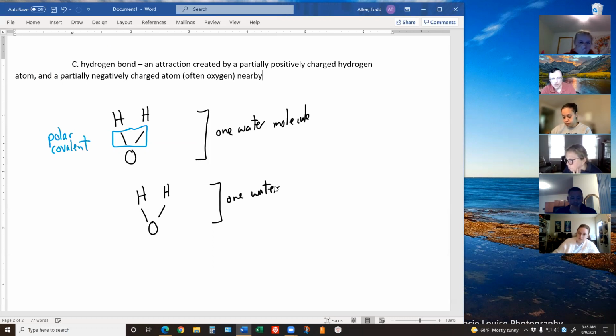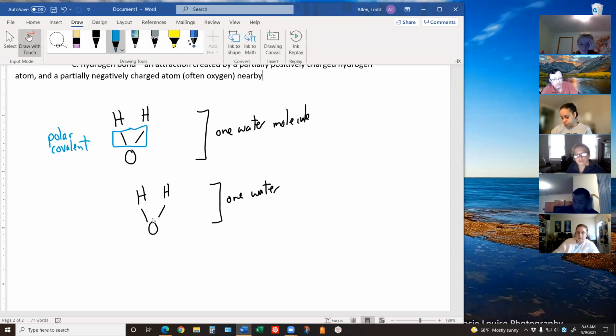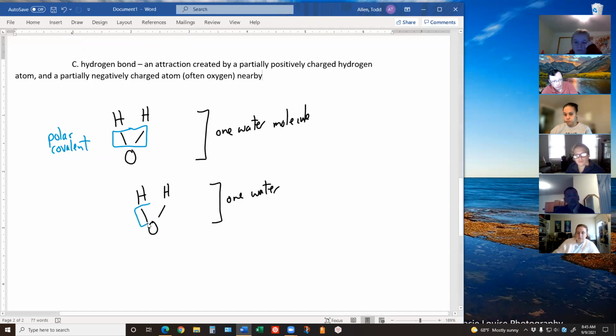Okay, so I have two water molecules on your screen at this time. Each water molecule has its own polar covalent bonds, right? Each individual water molecule has its own polar covalent bonds.